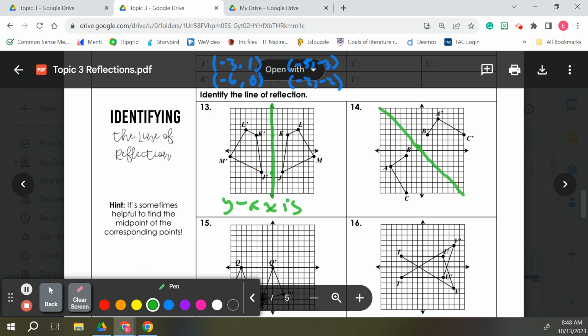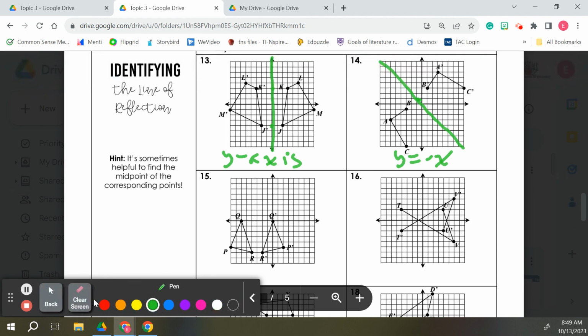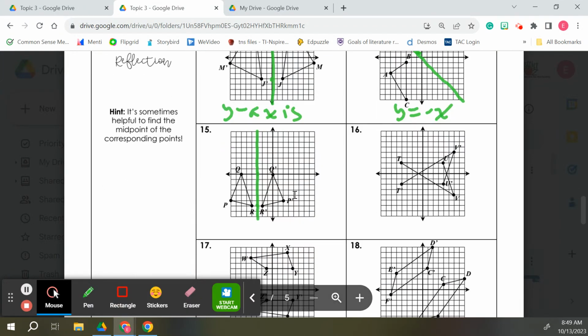Y equals negative x. Looking right here, equidistant for R and Q. What's this one going to be? Close, not 4. Yeah, x equals negative 3. Very good. I can't count.